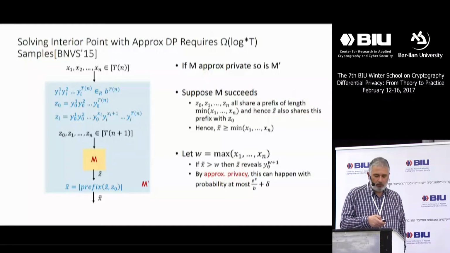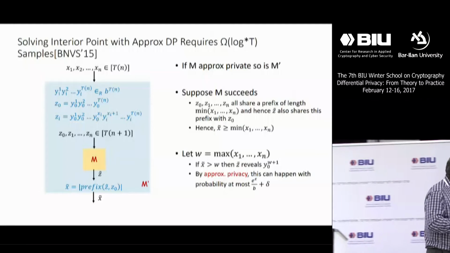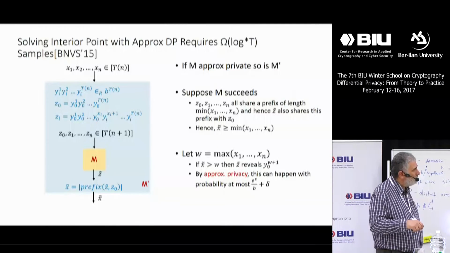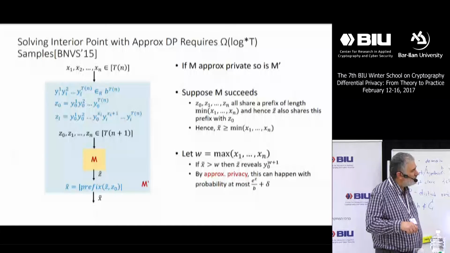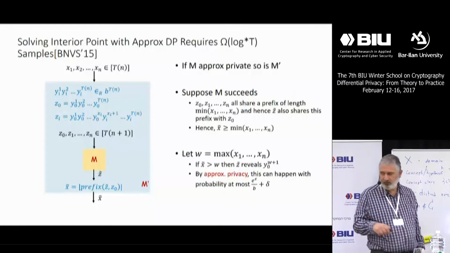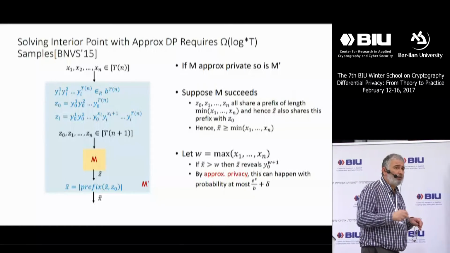So if it turns out that this x tilde here is more than max here, then we're revealing some digit from z0, which is a digit from y0, that only appears in one location.